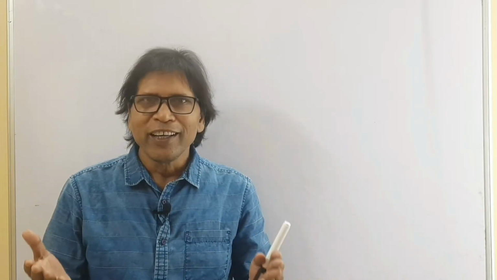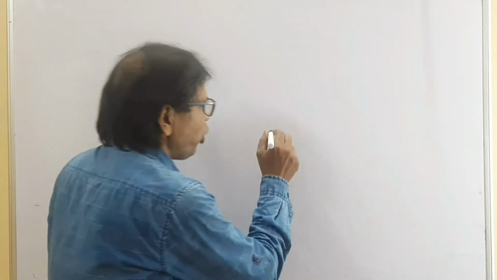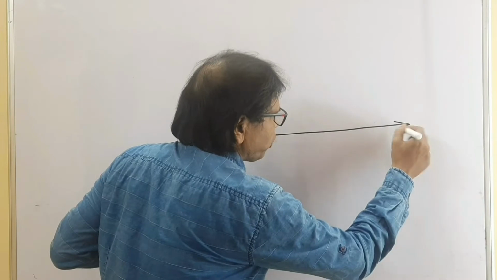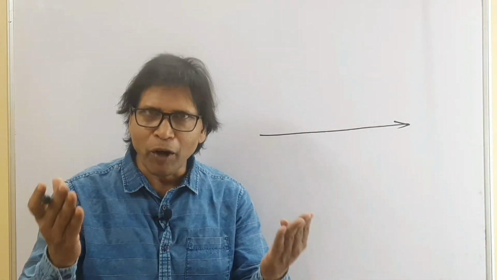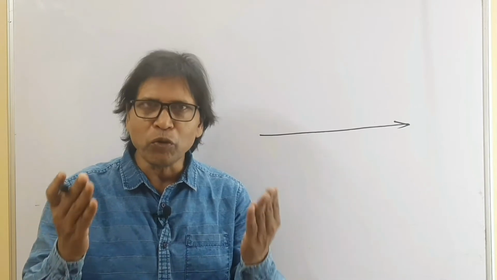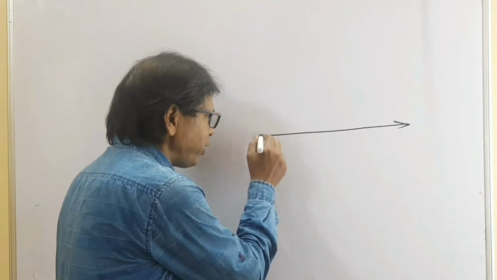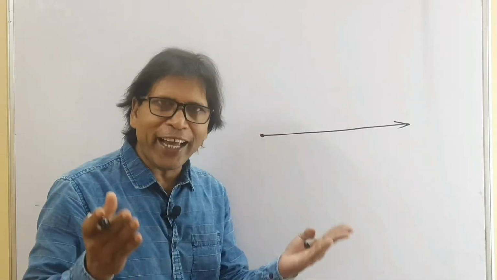We know the motion is change of position of an object with time. To specify the position of an object, we need to use a reference point with coordinate axis.